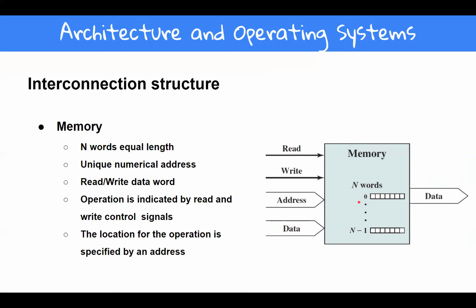You remember in fetch execute, the program counter gives the address to the memory address register, and the memory address register will go and find the address inside the memory. So it means that it should be addressable. We need to be able to go and find the data, so the address is important to find the location in memory.